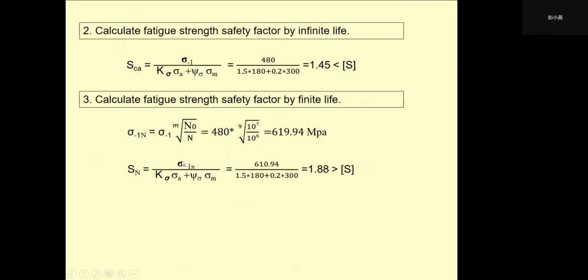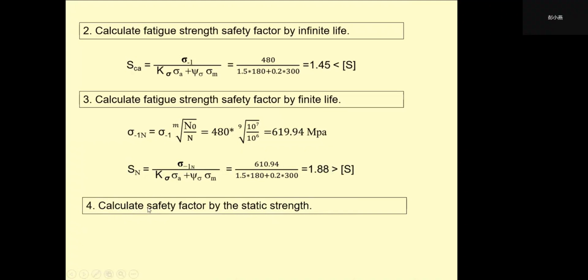There it is not sigma minus 1, it's sigma minus 1 N. Then we calculate the safety factor, which is 1.88. It's larger than 1.5, the allowable safety factor.